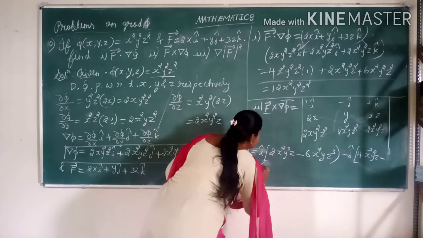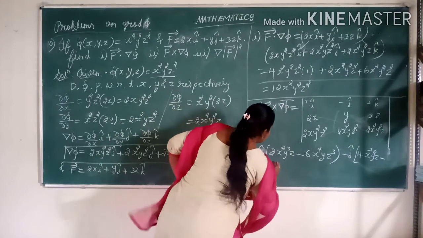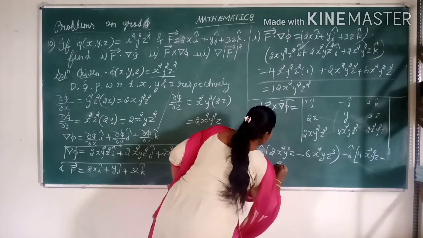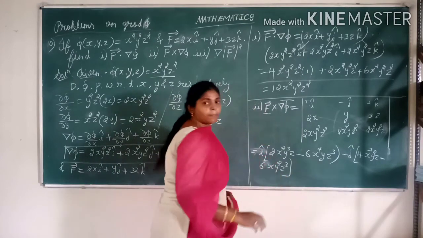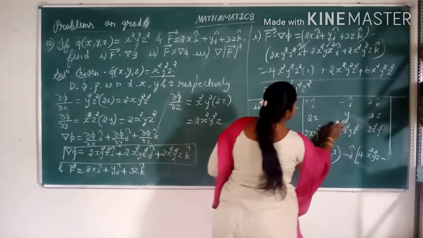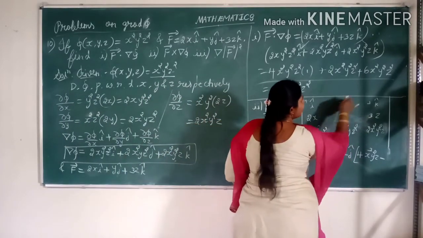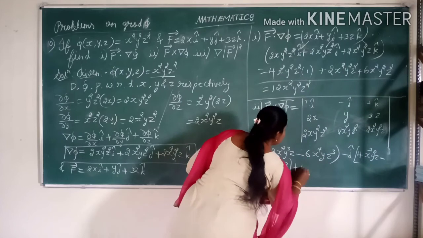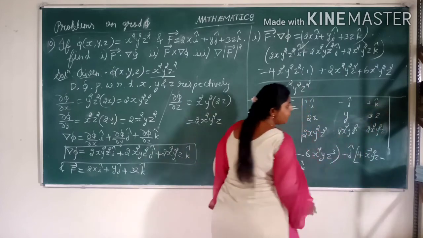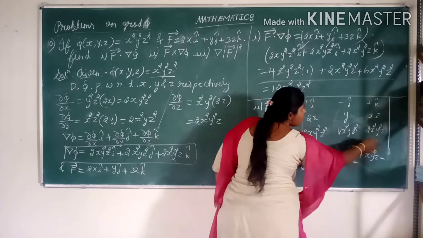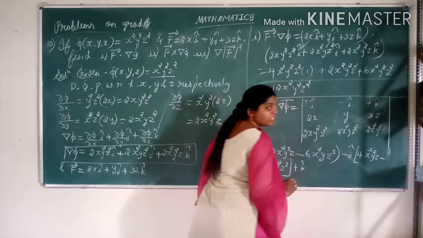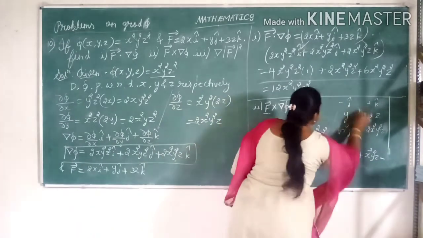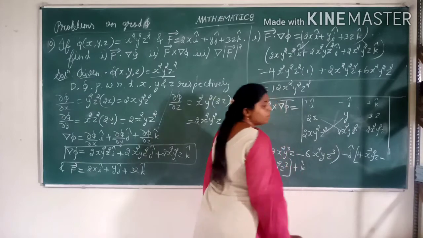3 2s are 6 into x into y square into z cube. Plus minus plus, what is the term here? K cap into, leave the third column and the first row, which is in remaining terms, these two terms. Multiply these two and find it.